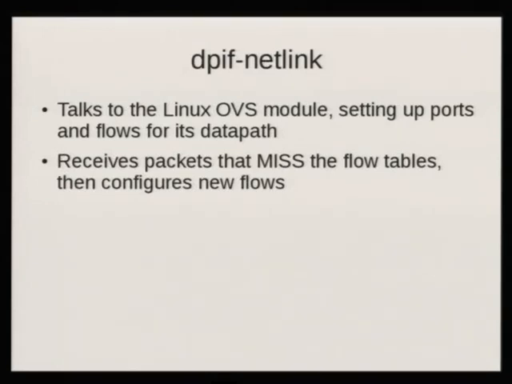One of the DPIF providers is DPIF Netlink. It talks to the Linux OVS module, sets ports and flows. Basically, that's what it does. It receives packets that miss those flows, and then sets up new flows.